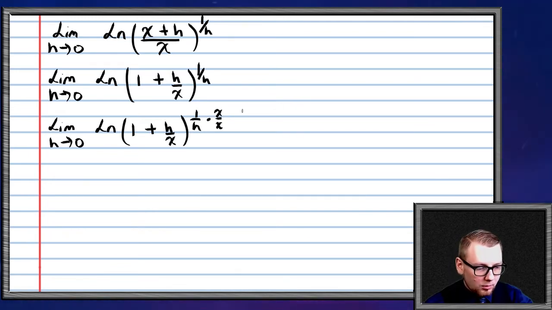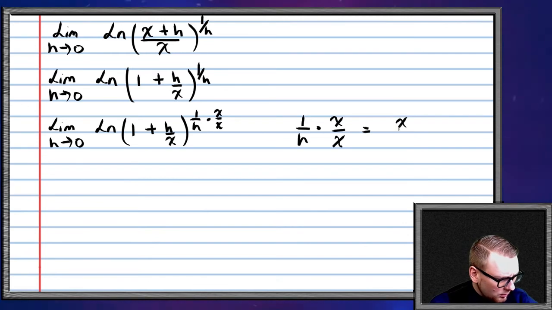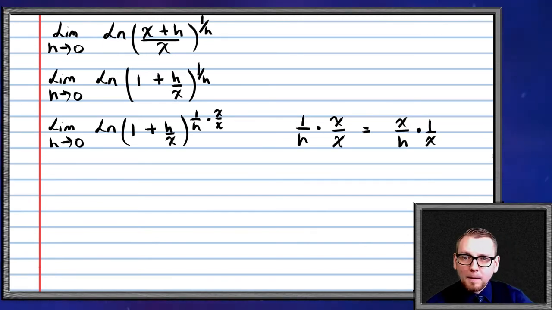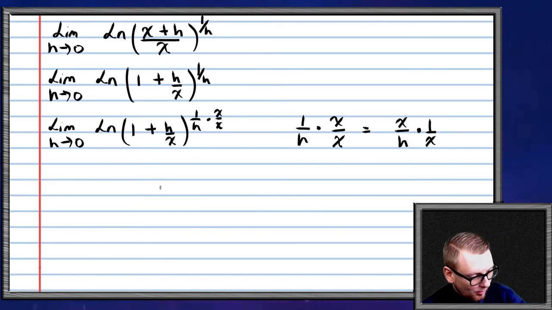Well, so the 1 over h times x over x can actually turn into x over h times 1 over x, right? So with that being said, we can bring the 1 over x down just like we did with bringing the 1 over h up.